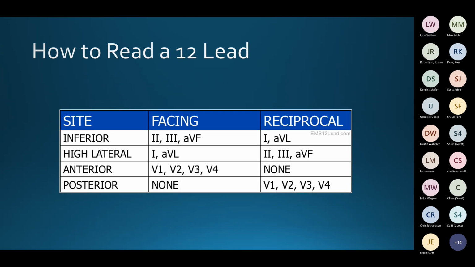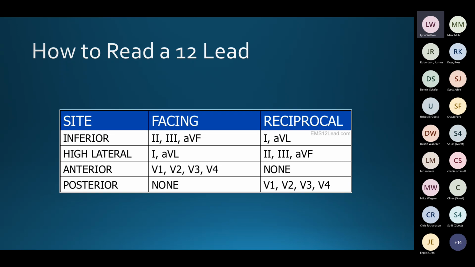Now, important then to know where the STEMI is coming from. And when you're looking at the 12 lead, the inferior leads are leads 2, 3, and AVF, with reciprocals then in 1 and AVL. High lateral is 1 and AVL, reciprocals in 2, 3, and AVF.